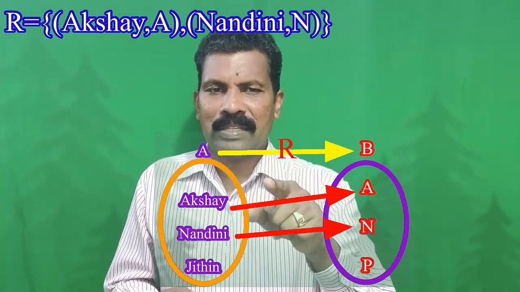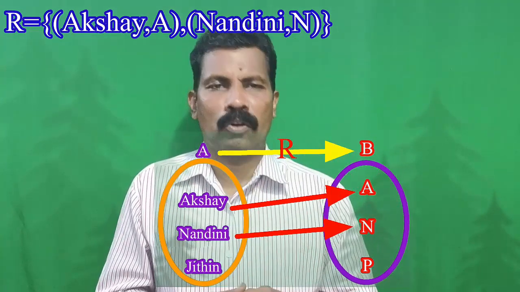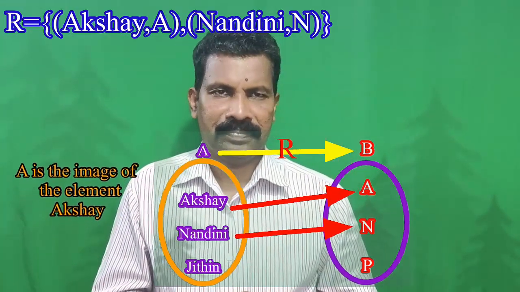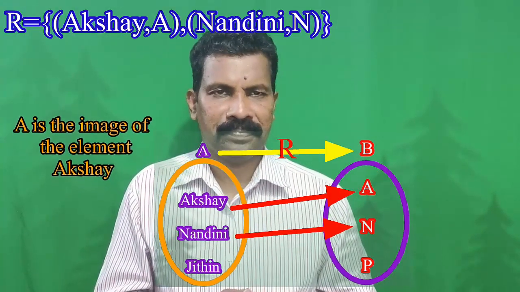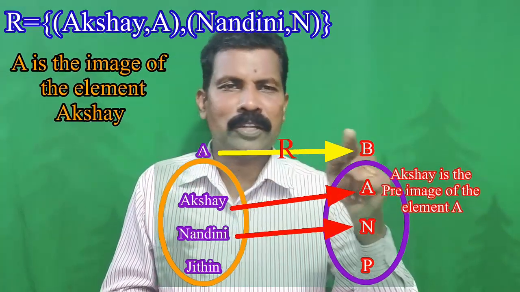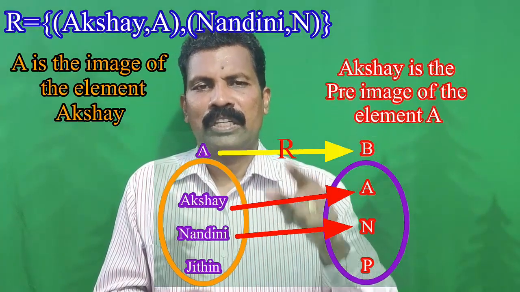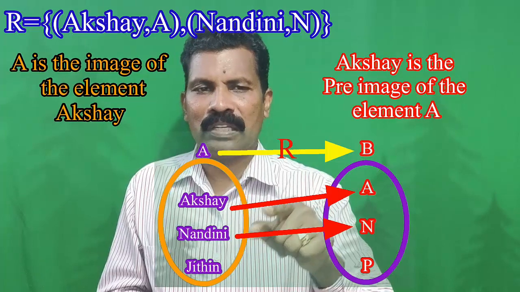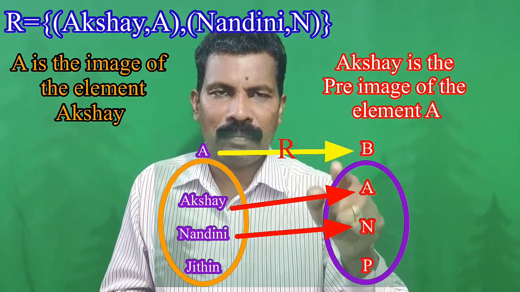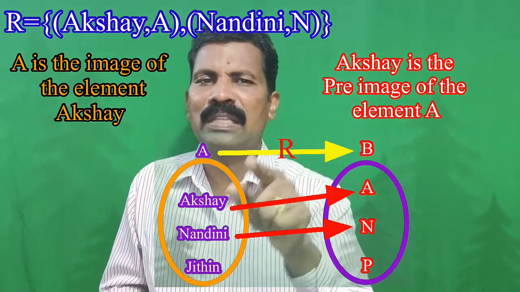And when Akshay is associated with the capital A, it is called image of the element Akshay under the relation capital R. On the other hand, Akshay is called pre-image of the element capital A. Once again, the element Nandini has image capital N, and the element capital N of the second set B has pre-image Nandini.